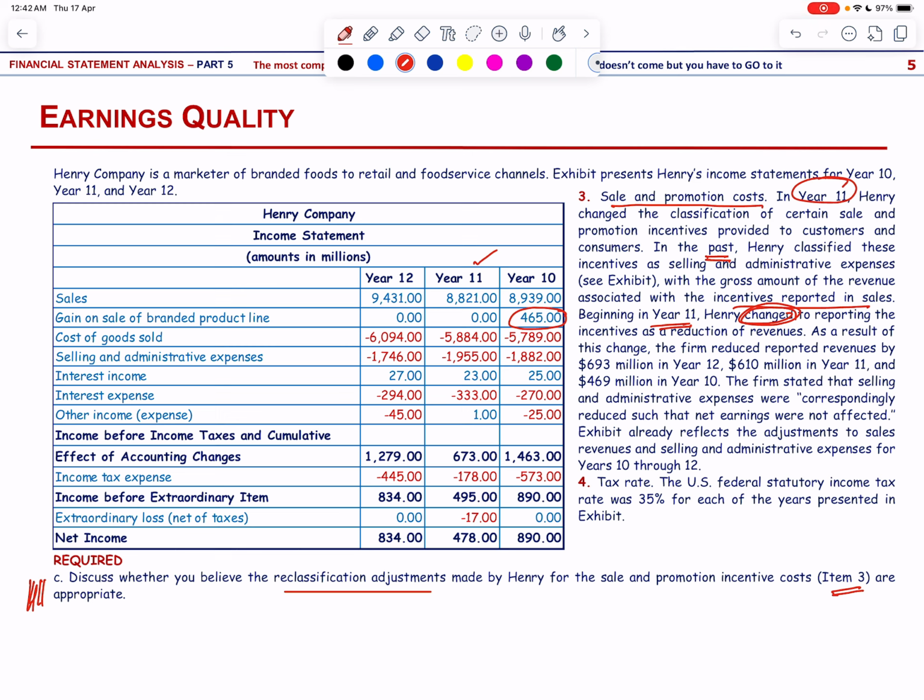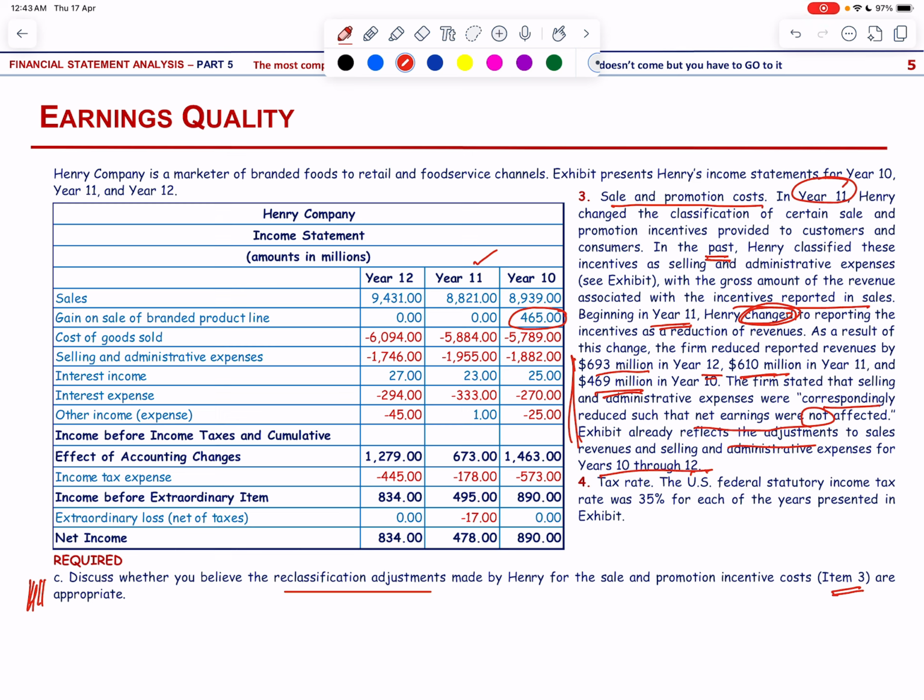As a result of this change, the firm reduced reported revenues by 693 million in year number 12, 610 million in year number 11 and 464 million in year number 10. The firm stated that the selling and administrative expenses were correspondingly reduced such that net earnings were not affected. The exhibit already reflects the adjustments, so we are not going to make these adjustments to sales revenue and selling and administrative expenses for the year 10 through 12. So they have already made these adjustments.